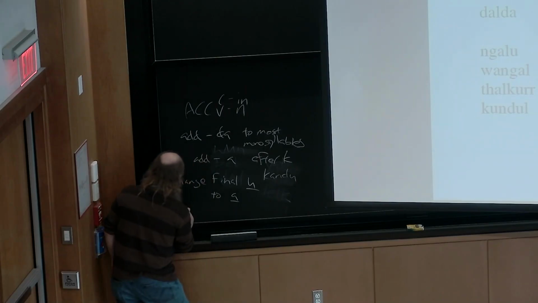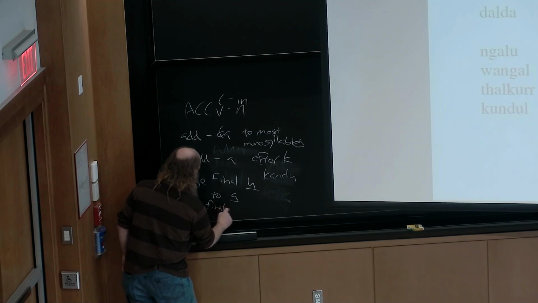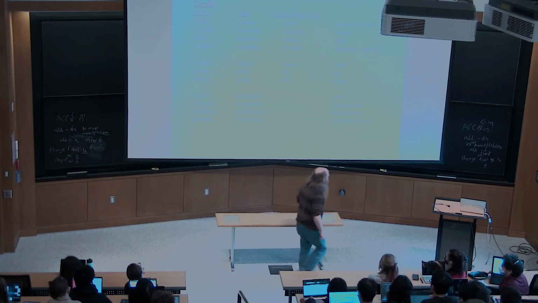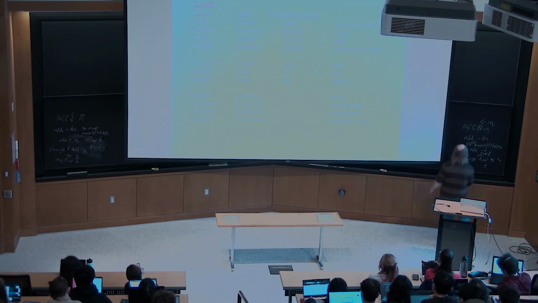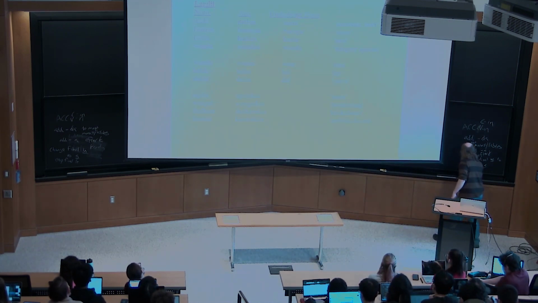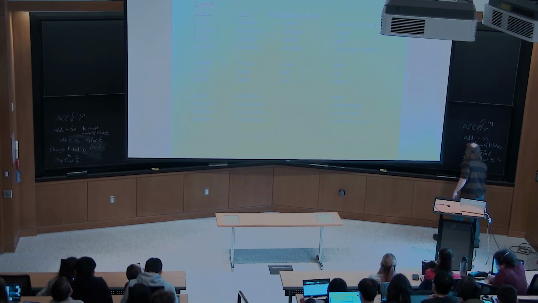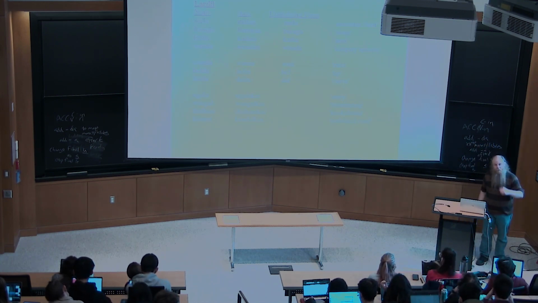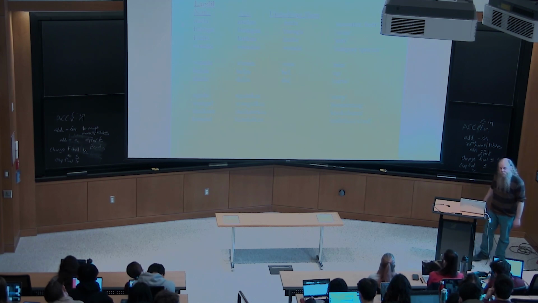And there's something that says drop final k. So we start with kundulk, and we form the accusative off of that. But if it's nominative, we get rid of the final k. Yes? What happens to Birka?